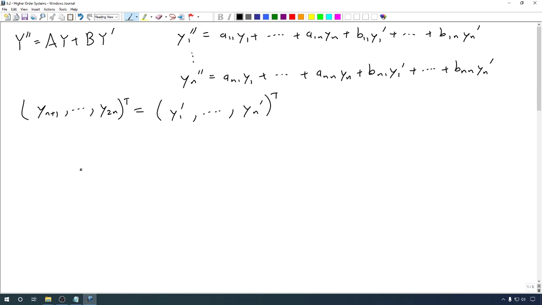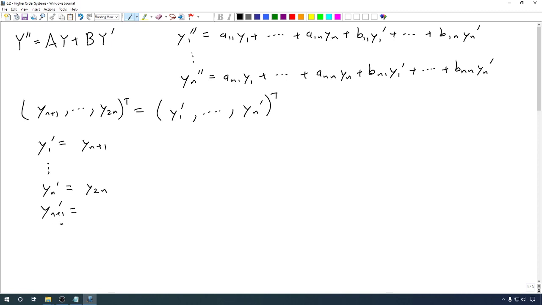What does this mean? That means that we have a new system. We have a system where y1 prime is yn plus 1 through yn prime is y2n. So we express the derivatives of y1 through yn in terms of functions from y1 to y2n. And then we also have yn plus 1 prime.